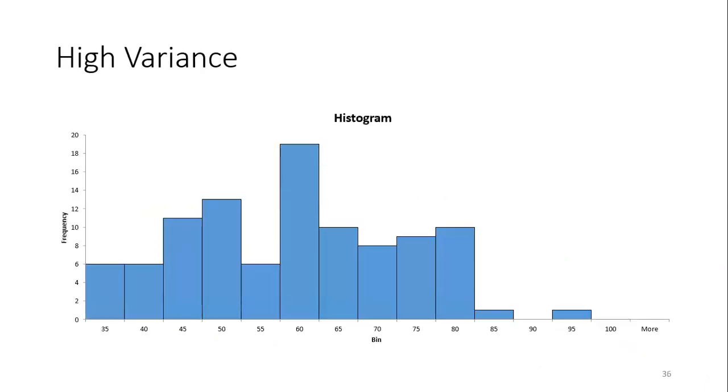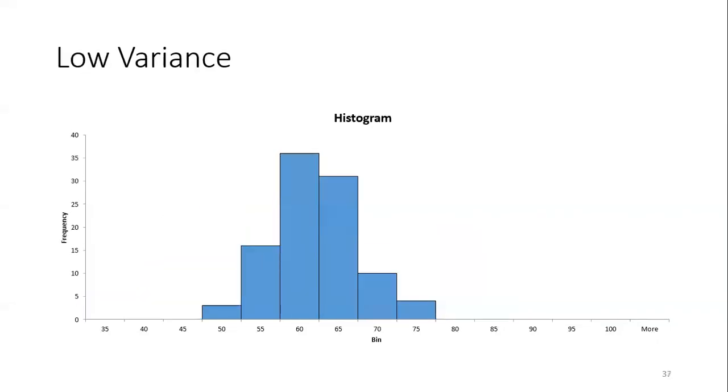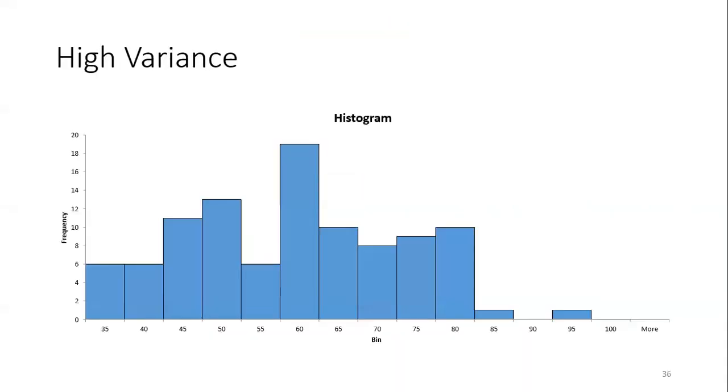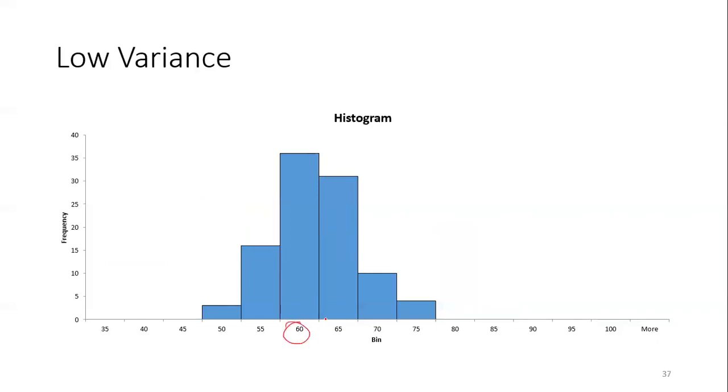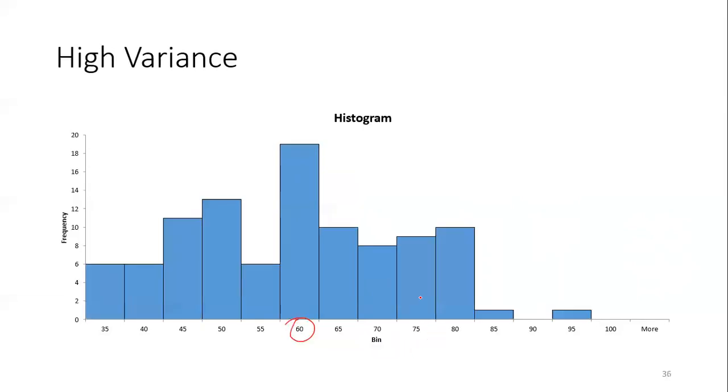So what is the difference between high and low variance of data? Just look at these two different histograms. We will talk about histograms later, but this is the same amount of data. If I'm not wrong, there are 100 observations here. Both of them have the same average, which is 60. As you see, this data is much more concentrated around 60, but this data is much more dispersed around 60.